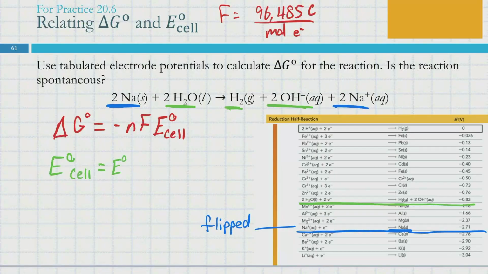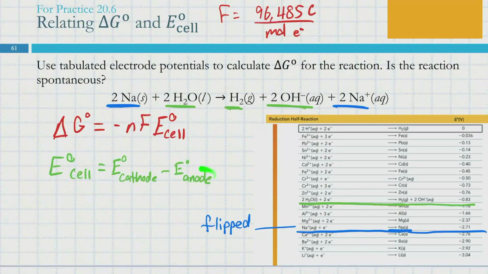is the standard cell potential of, I think it's the cathode first, minus the anode. So this is our formal equation.